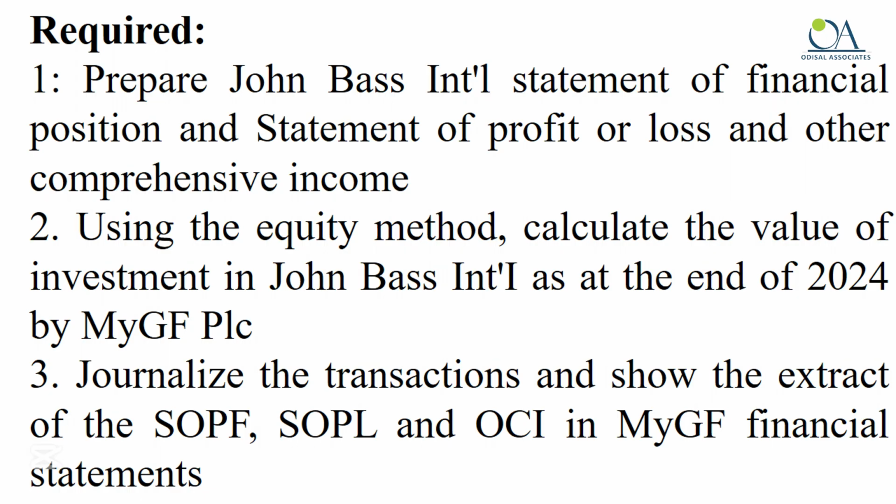Using the equity method, calculate the value of investment in John Barr's International as at the end of 2024 by my GF PLC. 3. Journalize the transactions and show the extract of the SOFP, SOPL, and OCI in my GF financial statements.